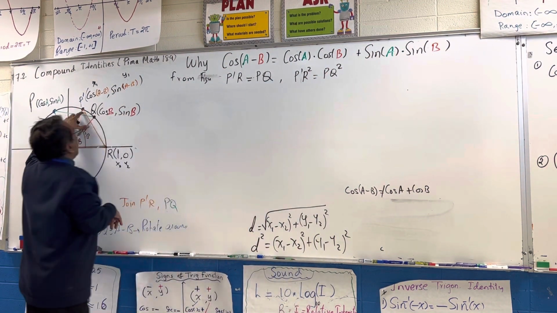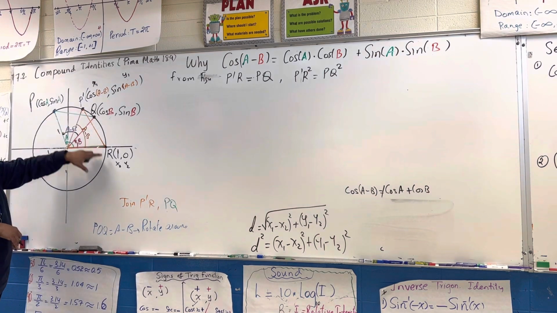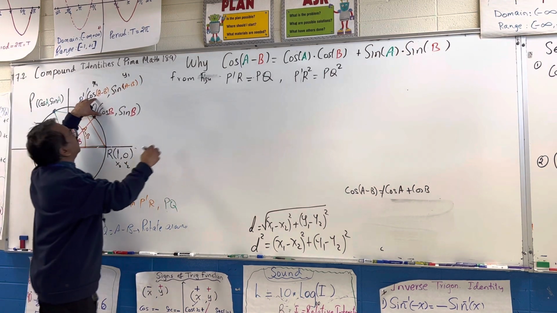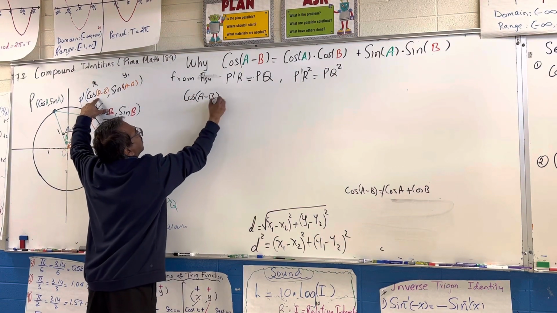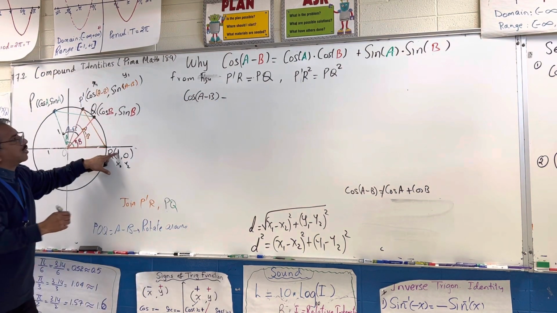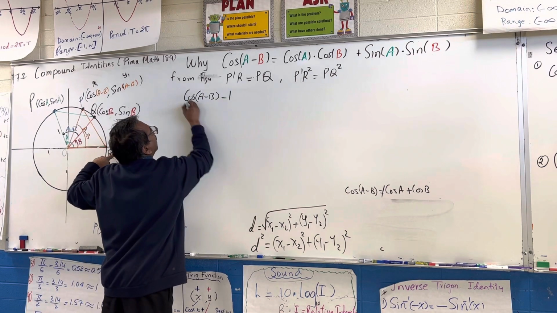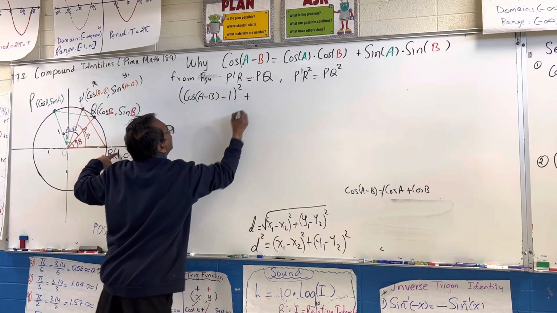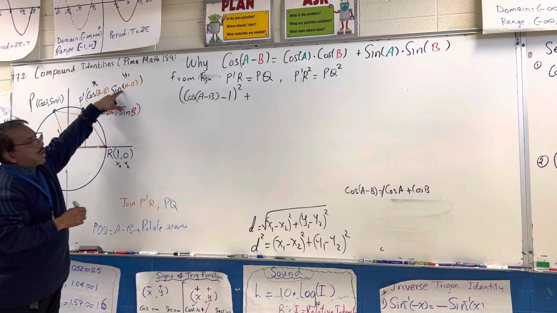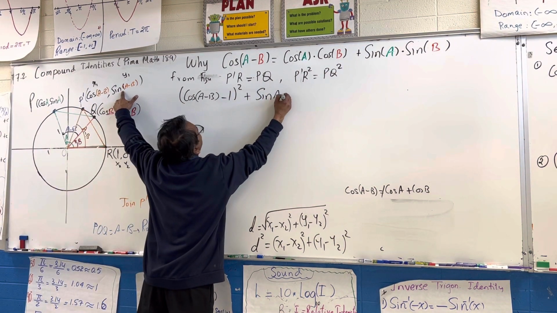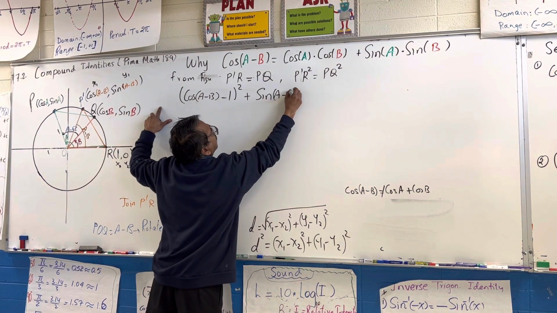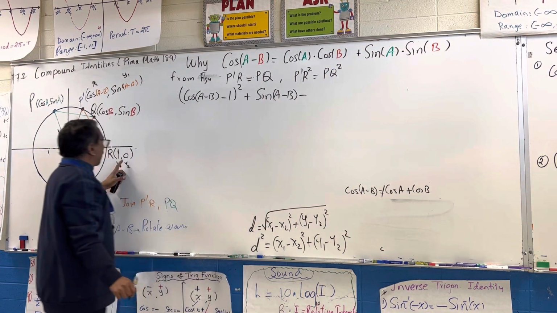So let's apply the distance formula to this one. So this is x1. So cosine of A minus B minus x2, which is 1, the whole square, plus then y1 minus y2, which is sine of A minus B minus y2, which is 0.